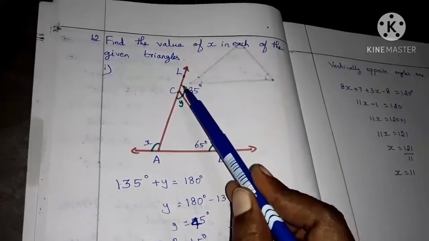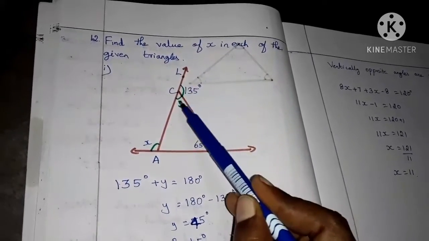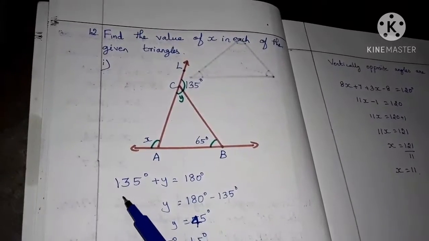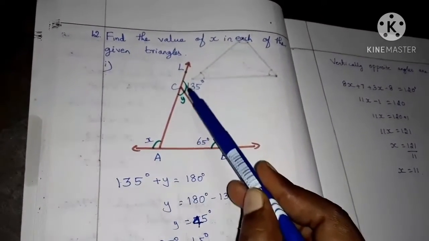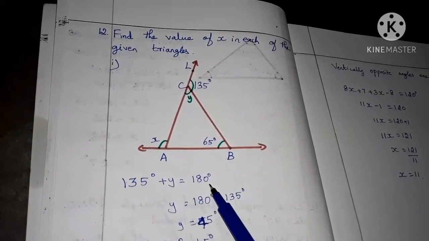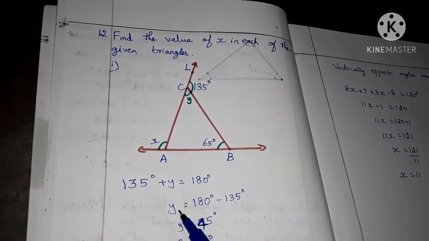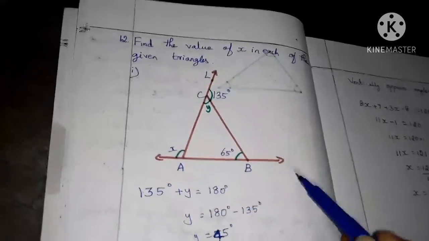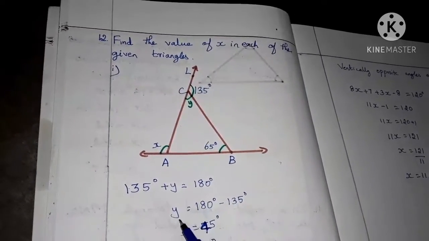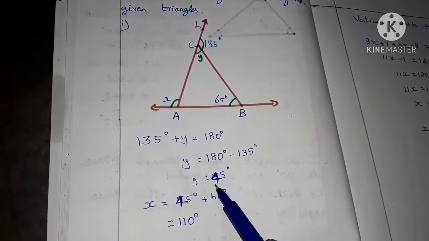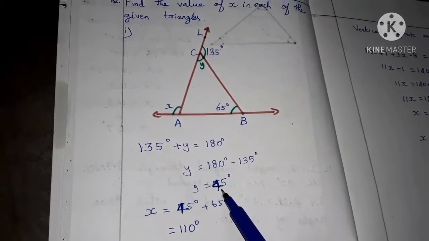Yes, we know the straight angle. The straight angle is 180. Last term we studied the linear pair. So 135 plus y is equal to 180. So y is equal to 180 minus 135, that is 45.